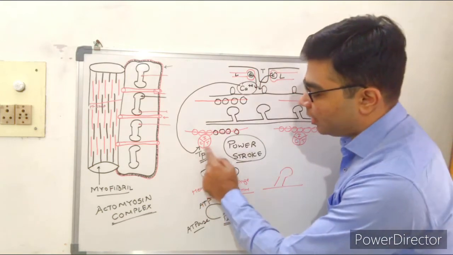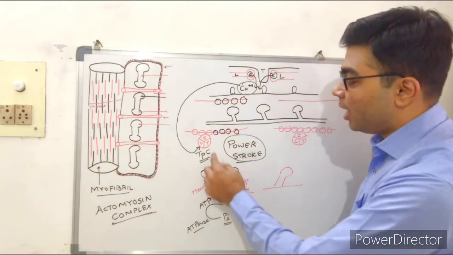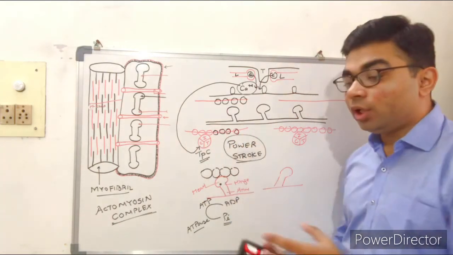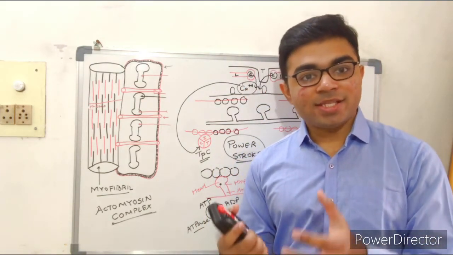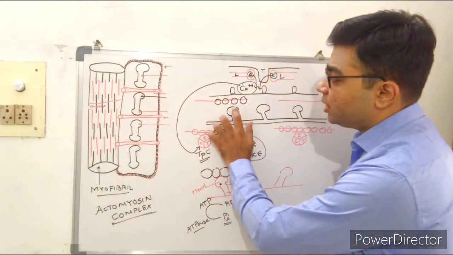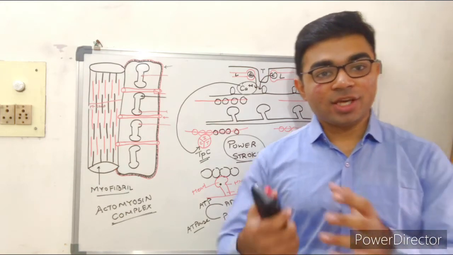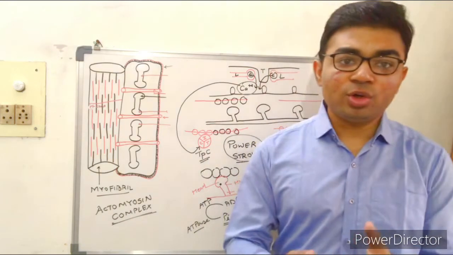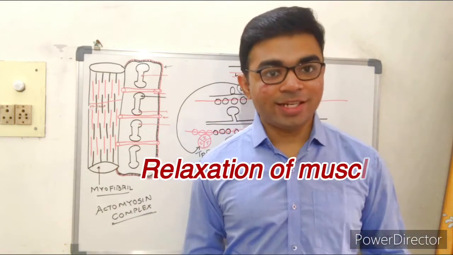And as they are detaching from the troponin, again structural changes are going to take place, and the tropomyosin, this red line, is going to cover the active site of the F-actin. So as the active site over the F-actin is now covered, the myosin head cannot bind with the F-actin, and there is going to be relaxation of the muscle, or I can say the muscle is going to assume a position which I can call the pre-contraction state.